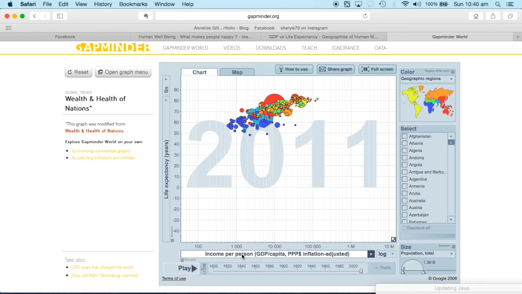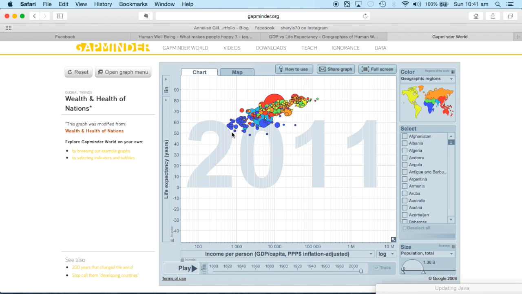So we're looking at the country where the people have got the least amount of money per person in that country. So we have a scale here of $100 per person per capita up to $1 million over here.